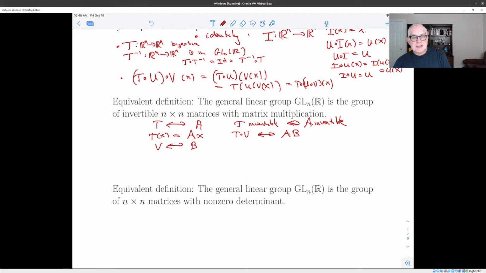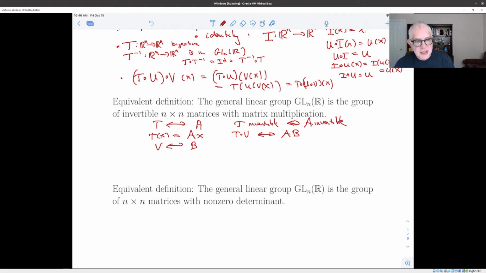So if we reinterpret everything we know about linear maps in terms of matrices, then to say that we have an invertible n by n matrix and that the operation is matrix multiplication is basically the same thing as saying we have an invertible linear transformation and the operation is composition. So that gives us a concrete version of GLNR.